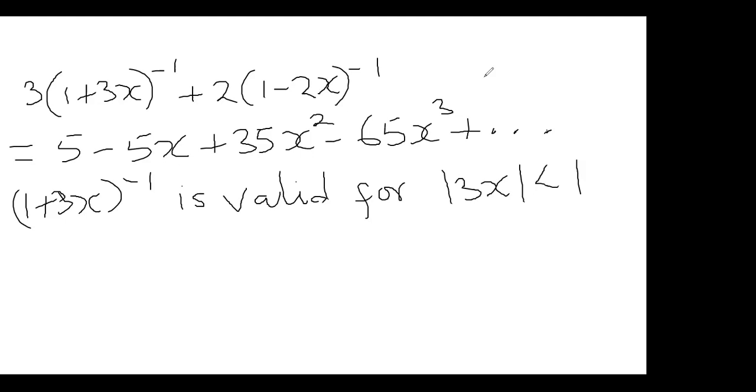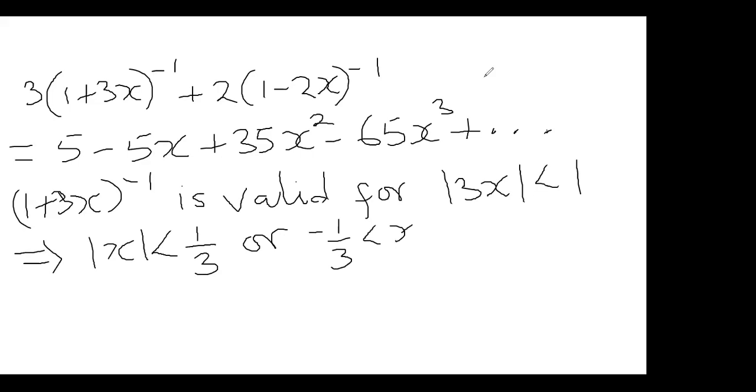I think now we know how to go about this, and that will mean that absolute value of x is less than 1 over 3. Or we can say negative 1 over 3 less than x less than 1 over 3. Then the other one, 1 minus 2x to the power negative 1.